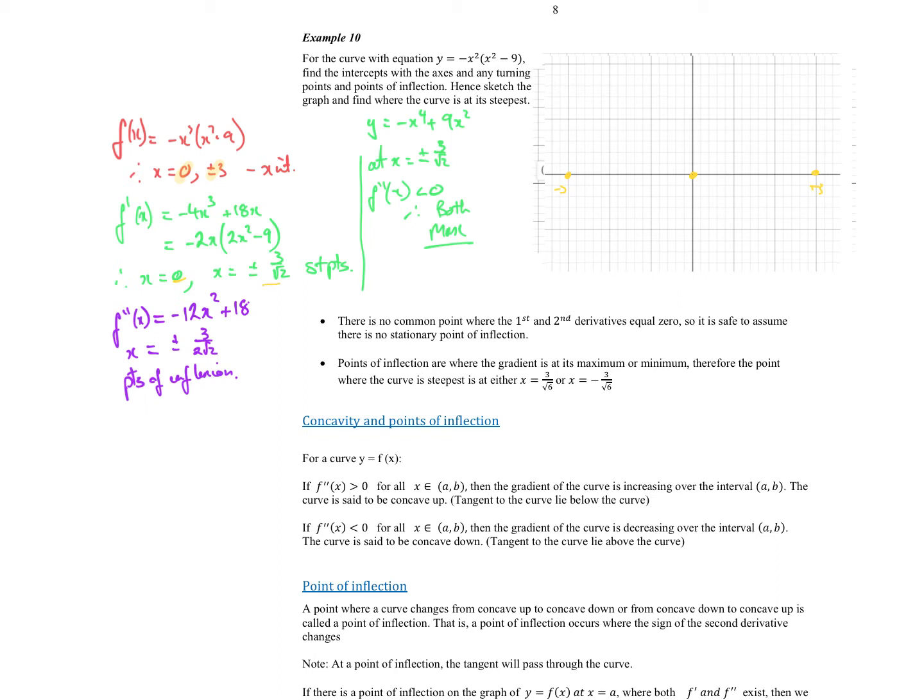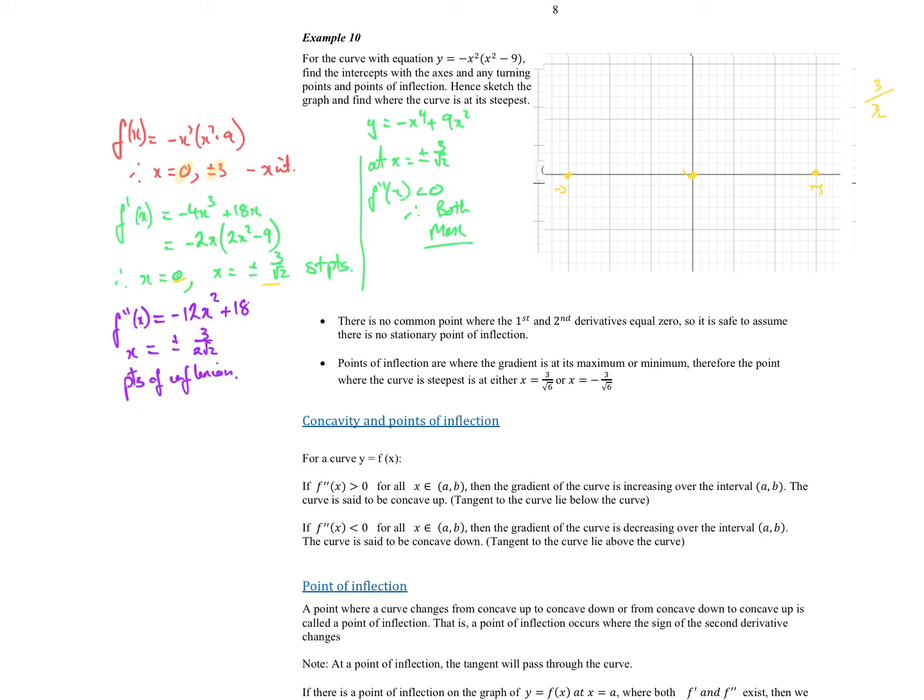which are stationary points. So stationary points at x equal to 0 and at 3 on root 2. What's 3 on root 2 roughly equal to? 3 over, what is root 2? 1.4. So 3 over 1.4, what's that? Close to 2.